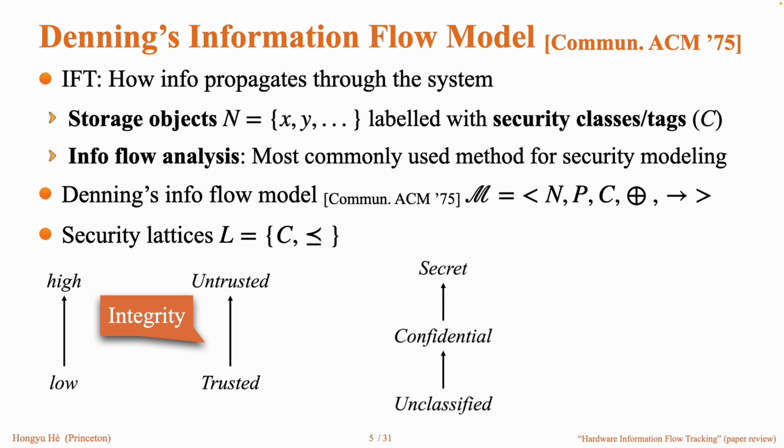So you can have these multi-level relationships. One thing is that the information can only flow from bottom to up. It's kind of counterintuitive, but you can only flow up, and for labels that are not comparable to each other, there's no information flowing between them.